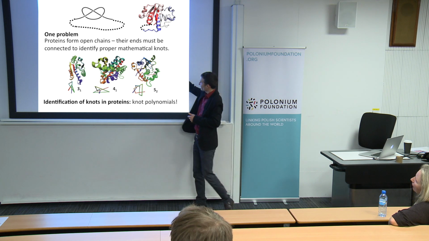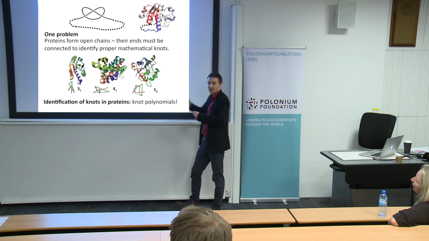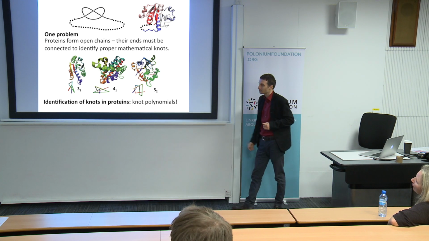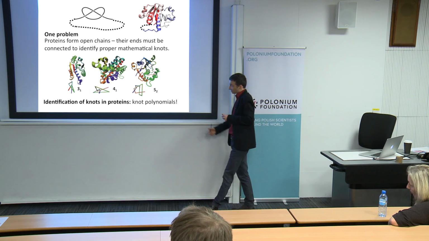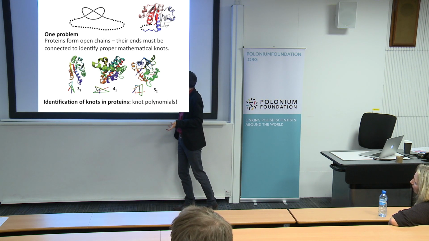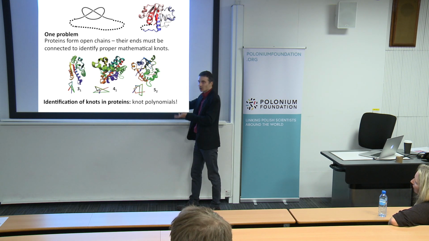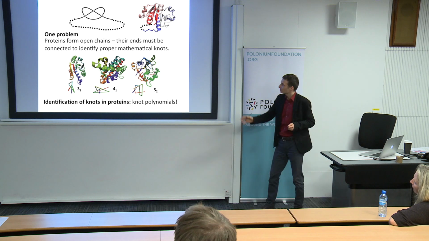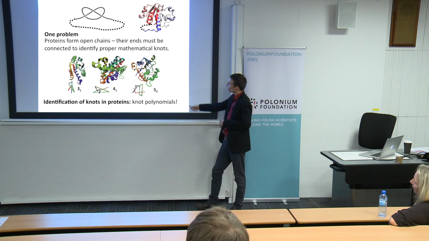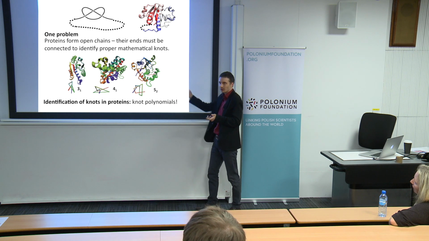But we know where these amino acids are located in three-dimensional space from, for example, crystallographic experiments. Then you can put it on a computer and simplify. After simplification, you can compute a knot polynomial. Typically these knots are not very complicated, so the knot polynomials that I mentioned before, like Jones or HOMFLY, are sufficient to distinguish them.